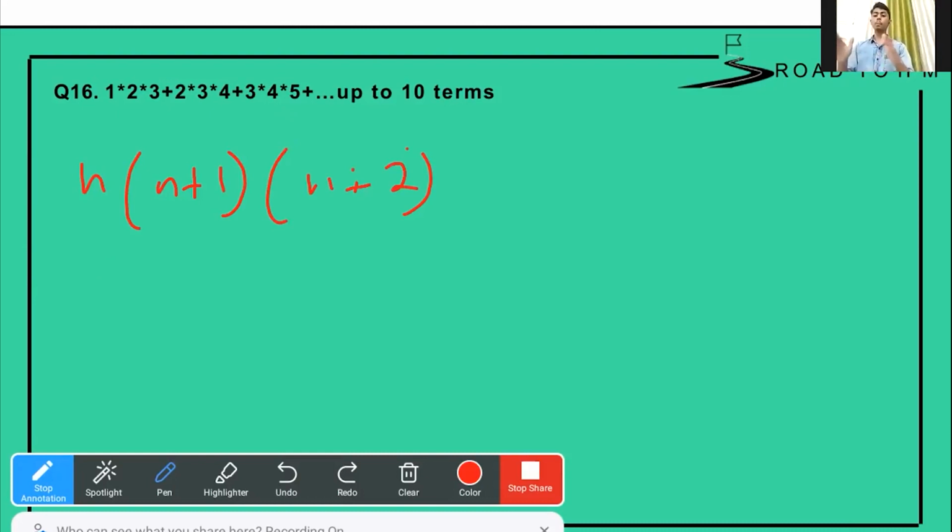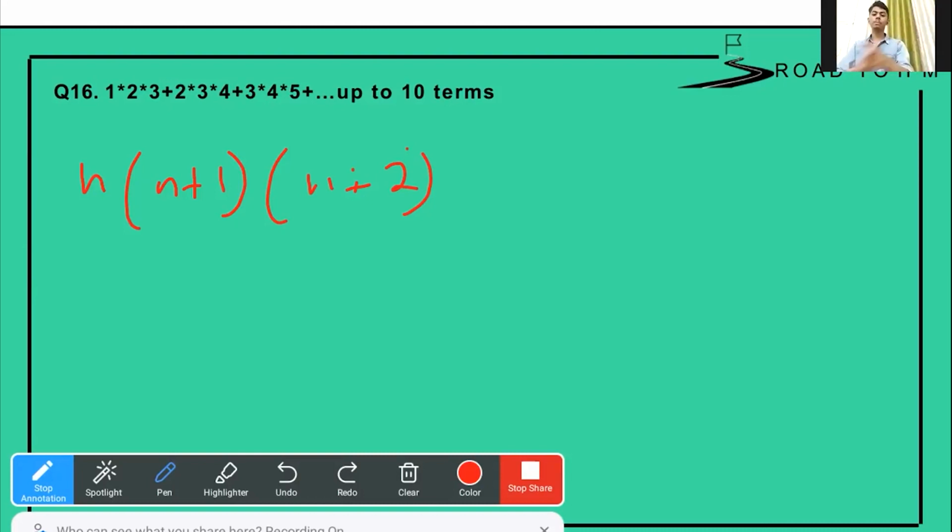This is also for non-math students, so make sure this is inside your mind. You have to find a pattern and create a function for it in the form of variables: n multiplied by n plus 1 multiplied by n plus 2. Take the first element of the series, 1 multiplied by 2 multiplied by 3. Works. So we have the nth term.